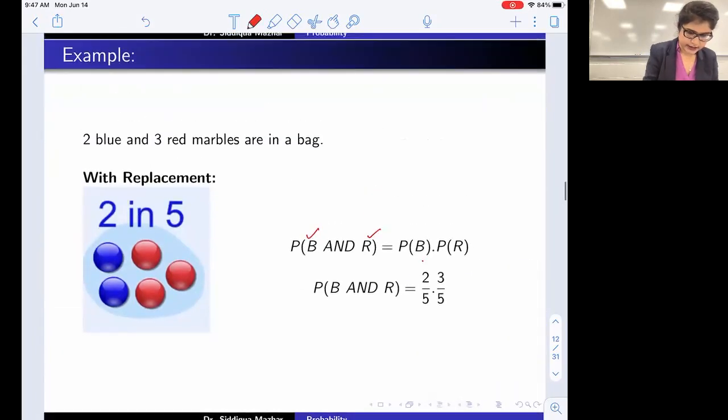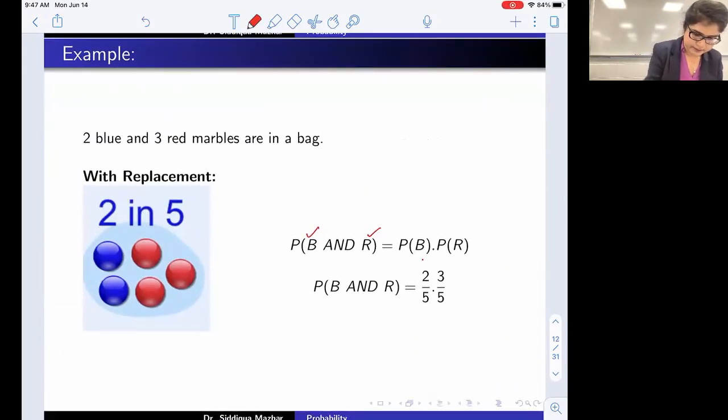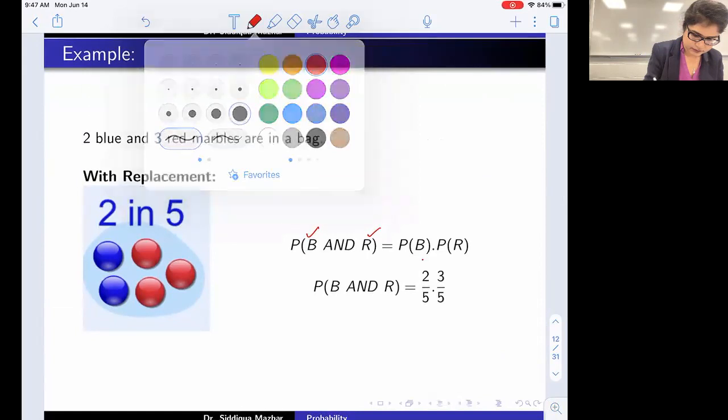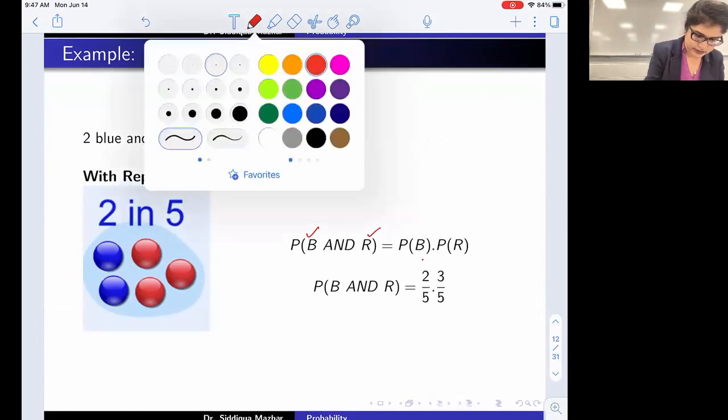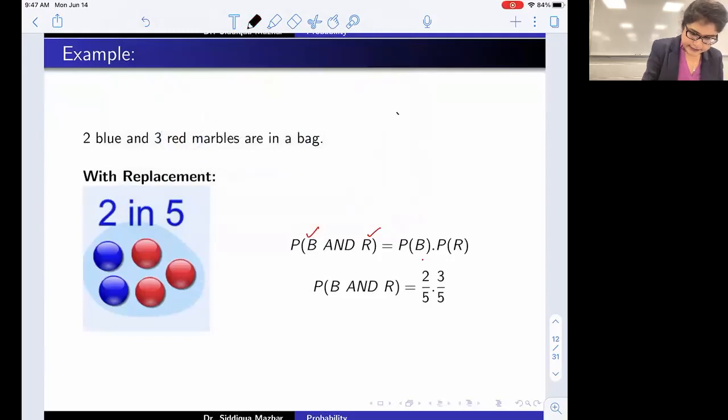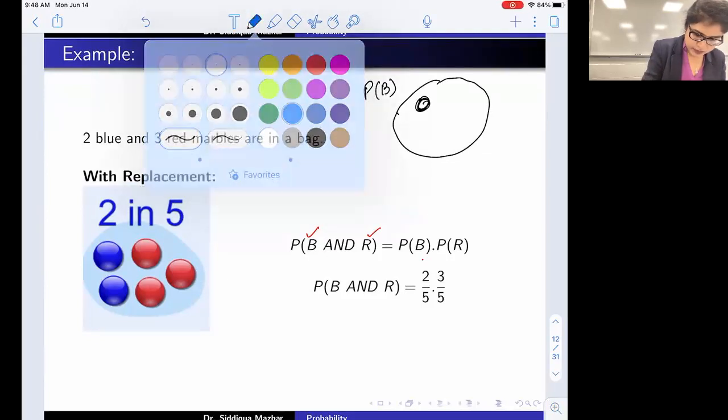So let's say this is the number of balls. If I am finding the probability of a blue ball, this is my blue ball.